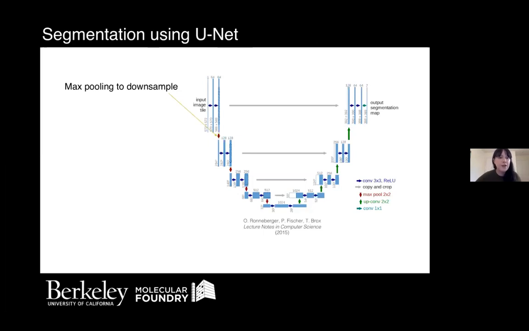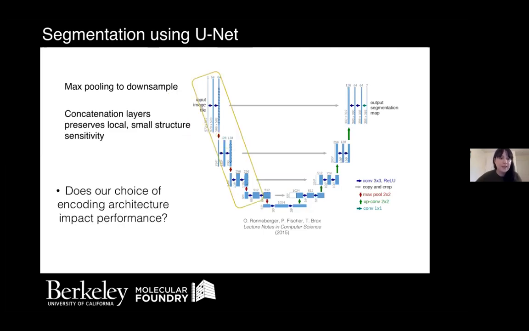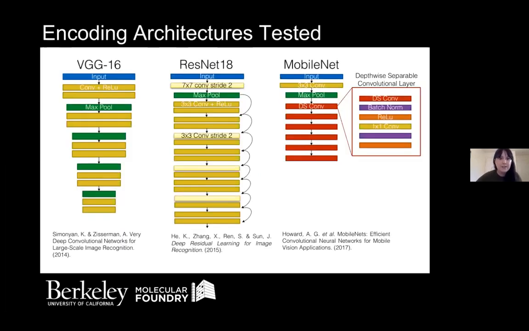So we wanted to know, if we keep the basic UNet architecture, does our choice of encoding architecture, so these operations occurring on the encoding side, actually affect our performance? And to do this, we explored several widely available encoder architectures from the machine learning community.